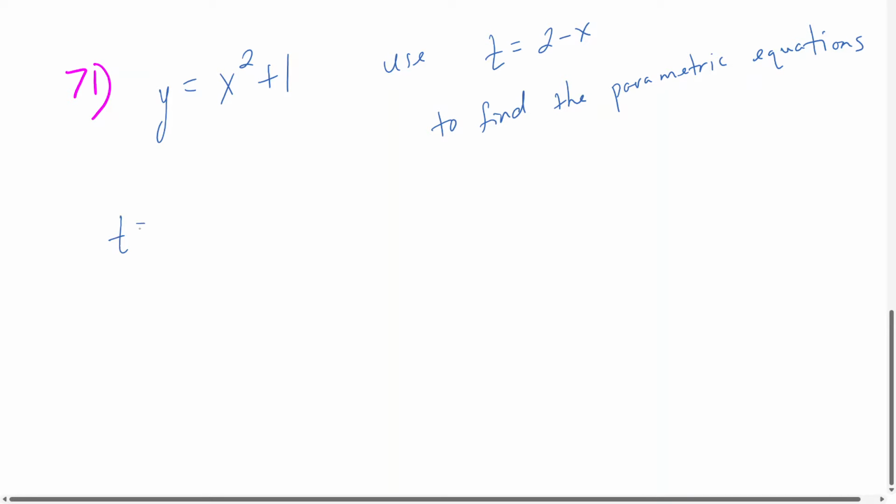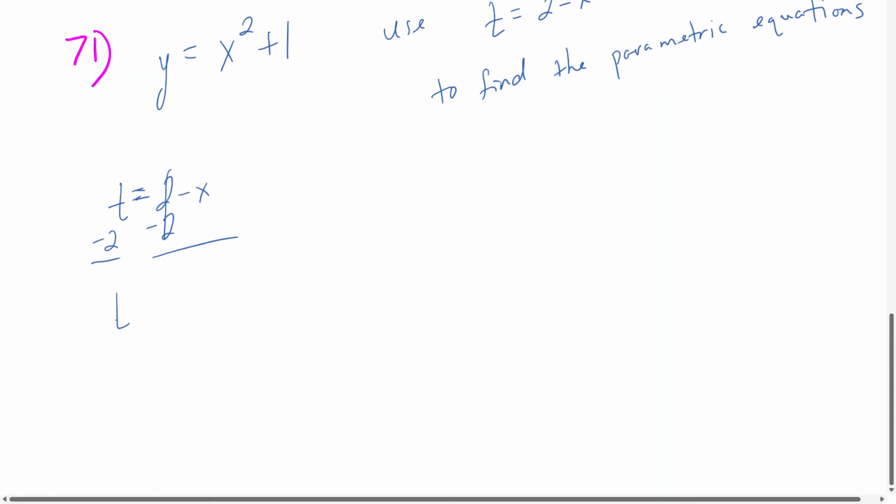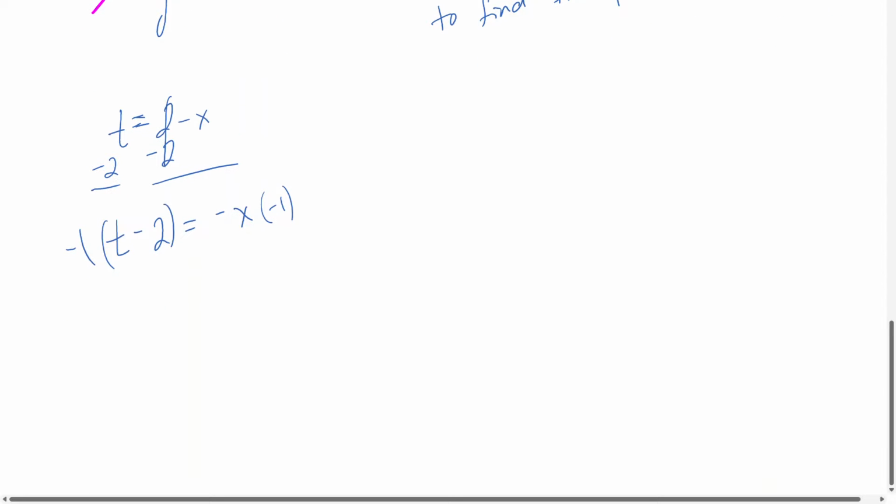So we have t is equal to 2 minus x. So if I move the 2 over to the left, I can subtract. I get t minus 2 is equal to negative x. And then I can multiply by negative 1 on both sides to get a positive x. So this would be 2 minus t is equal to x, right?